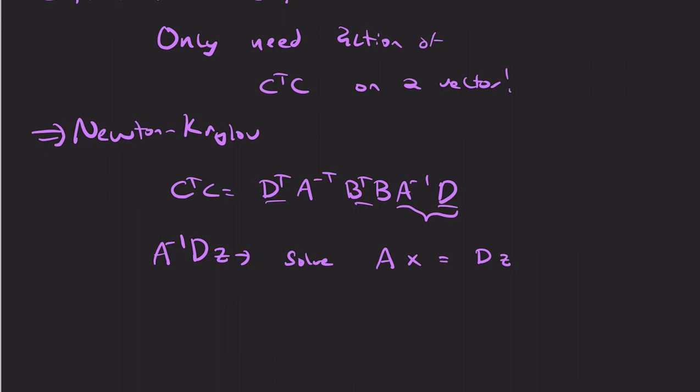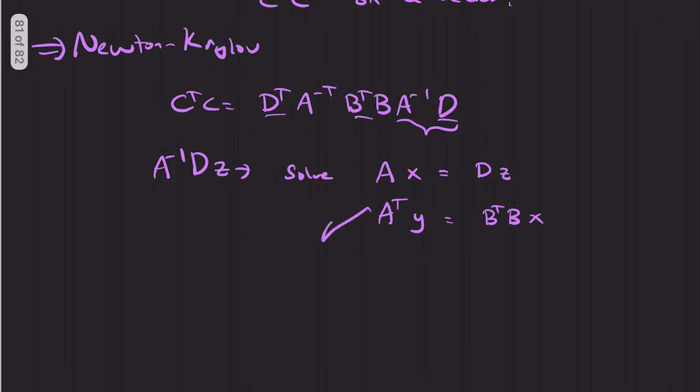And then to compute A inverse transpose B transpose B A inverse D, we take that x, we perform B transpose B on that x, because that x is A inverse Dz, and then we compute A inverse transpose on that value, y. And then at the very end, we compute D transpose of that. So ultimately, that is one forward solve and one adjoint solve.